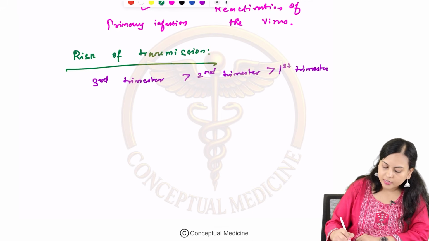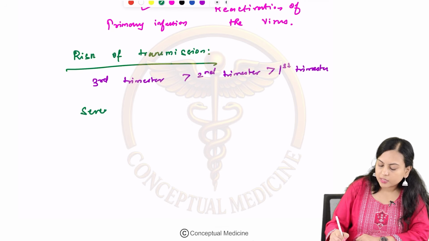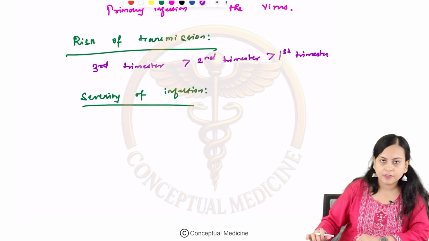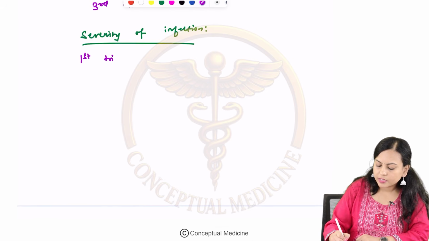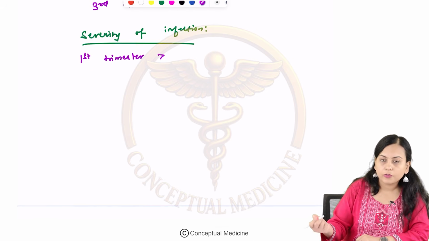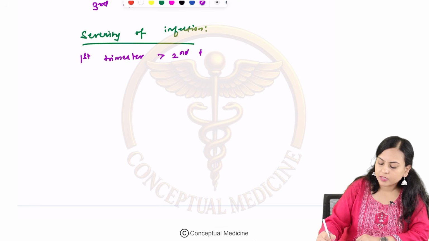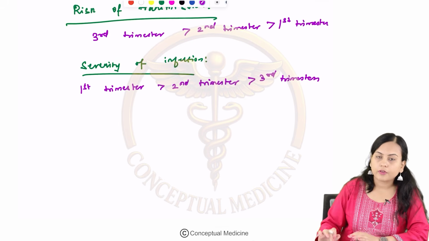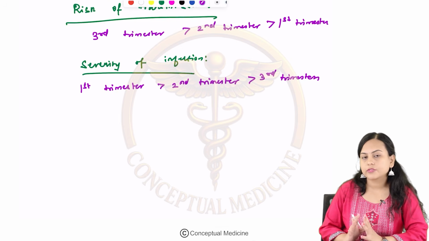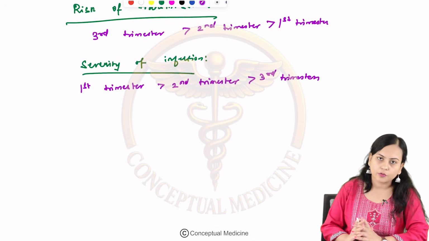And if you take the severity of infection, just as we have seen in toxoplasmosis, the severity of infection is going to be more in the first trimester, followed by your second trimester, followed by your third trimester. So these 2 points are important, and remember these points are same for your toxoplasmosis and cytomegalovirus.